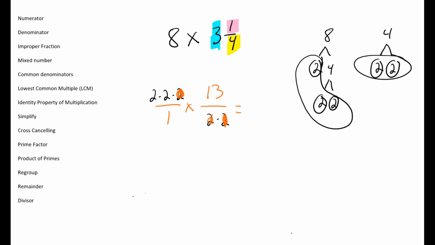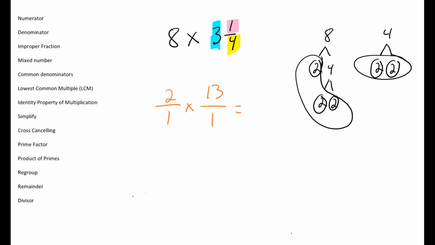I can take this 2 and cross it off with this 2. And if there's nothing there, there's always a 1, so you can just put a 1 there. And I'm left with a 2 on top.